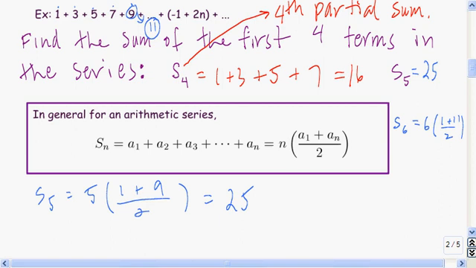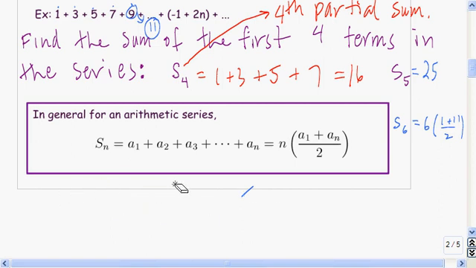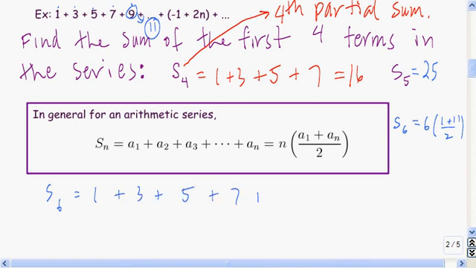Alright, so the way we do it is this. It's a pretty cool technique. We say, alright, S sub 6, we just start writing out the terms. So it's 1 plus 3 plus 5 plus 7 plus 9 plus 11. And then the trick here is to also write S sub 6 in the reverse order.